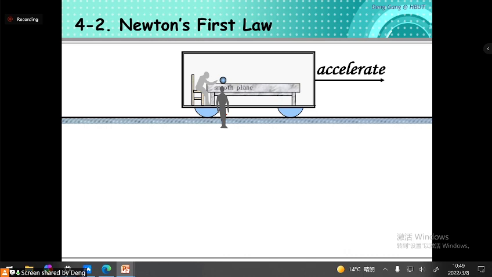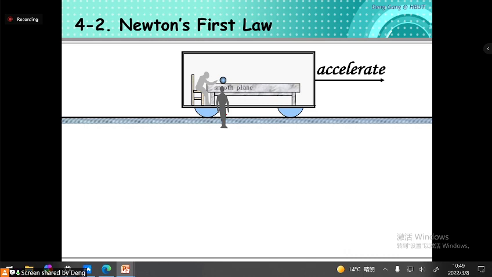So for the guy on the ground, he believes that Newton's first law is correct because there's no force on this object and it keeps at rest. So he believes that Newton's first law should be correct. But for this guy, he does not think so.